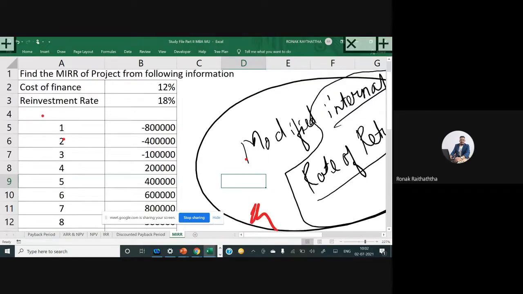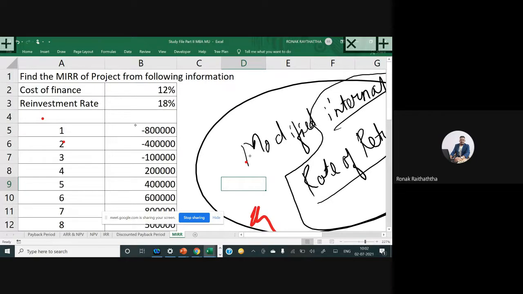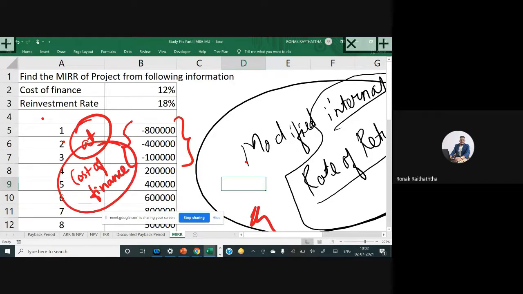Started. Good. So outflows should be discounted at the cost of finance. See, whatever the investment you make, for outflows, what matters to you is the finance cost we have incurred for that outflow.